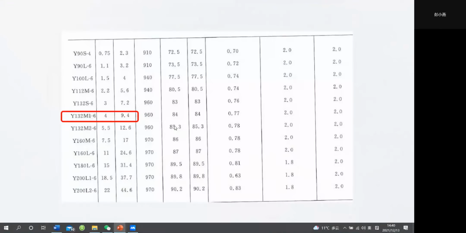And then we determine the rotating speed of the roller. We can calculate the rotating speed of the roller.